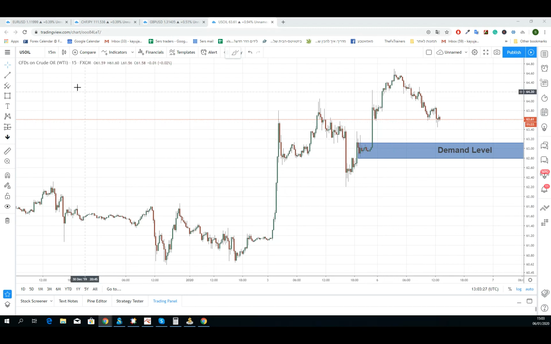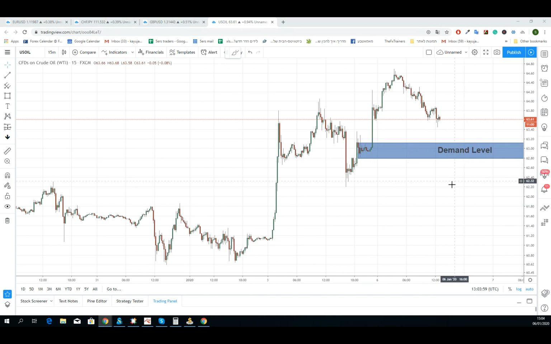You can see it is a 15-minute chart, and the price is not far away from this demand, so I'll sit and wait for the price to reach this demand. When the price reaches there, I'll definitely consider buying at this demand. So far the price seems to be struggling going down towards this demand, and as long as the price does it slowly, it's better.